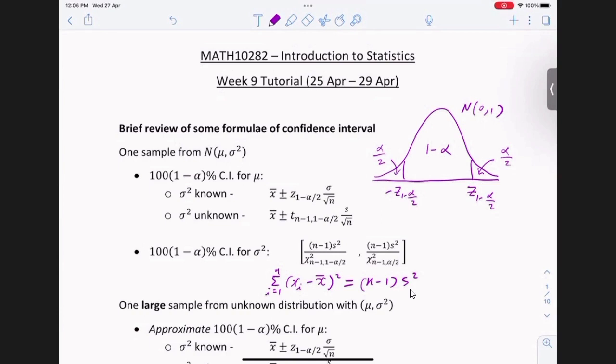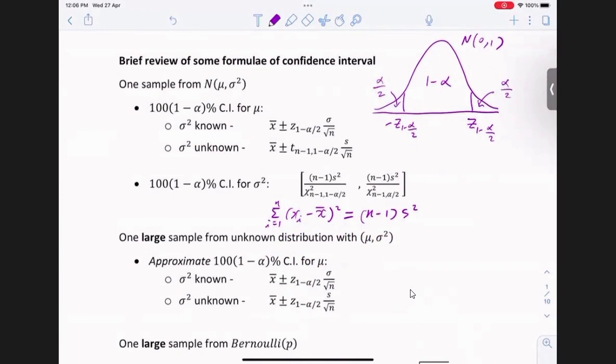So this is the situation when we have a single sample drawn from the normal distribution. Now sometimes in the question, you are not told that the sample is drawn from a normal distribution. You are not told that the population resembles a normal distribution. So we may have a sample from an unknown distribution.